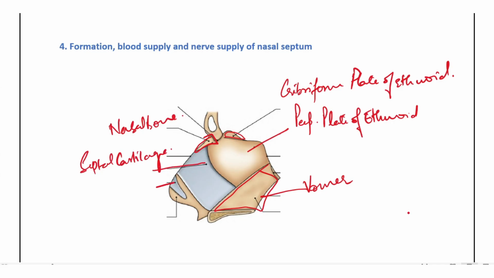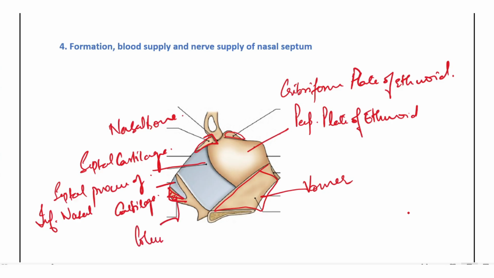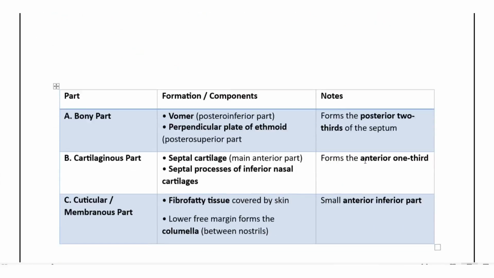The small part that you see here is the septal process of inferior nasal cartilage. This tip that you see here is your columella. Okay, we will draw this and after this we will start with the answer.